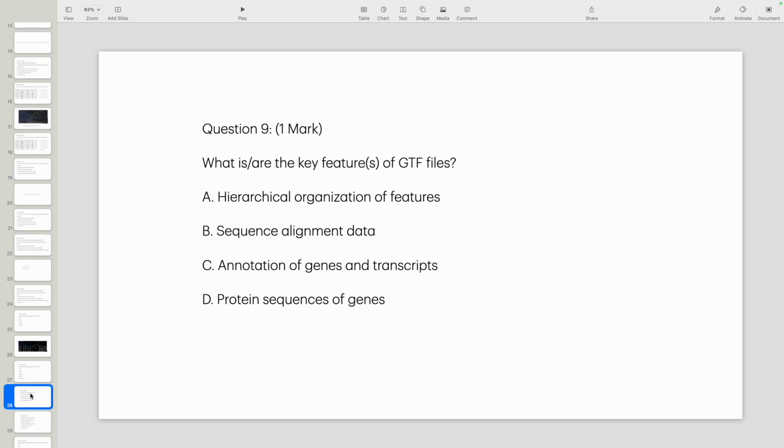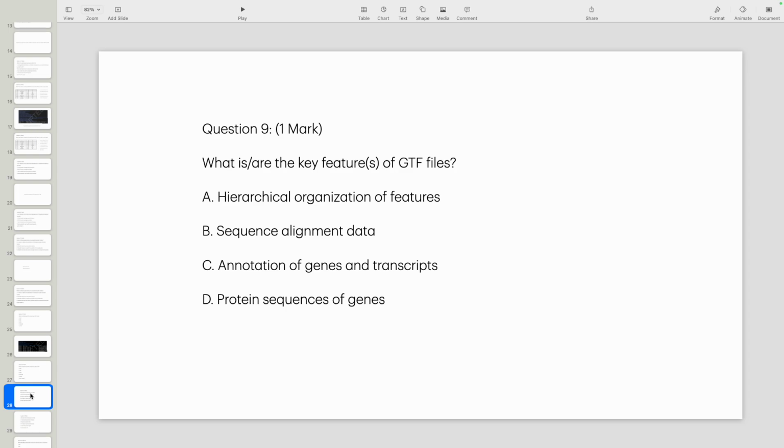It is similar to a GFF file. It also contains the information about the gene annotations. There are two files, GFF and GTF, which are gene annotation files.